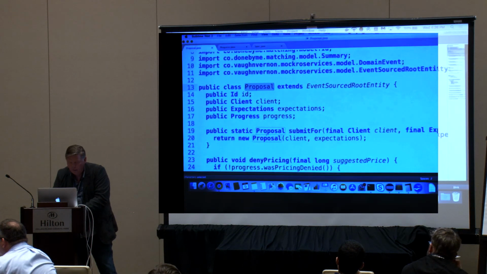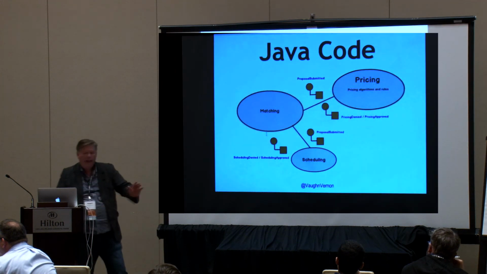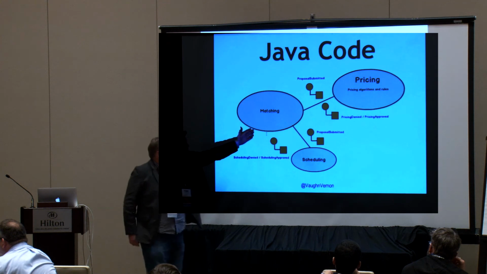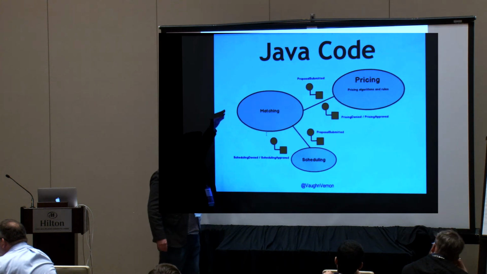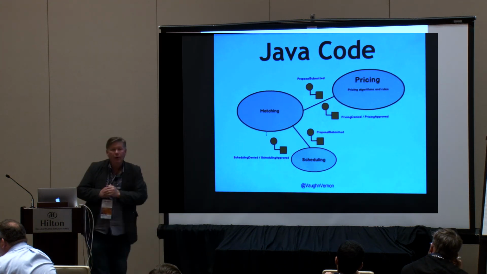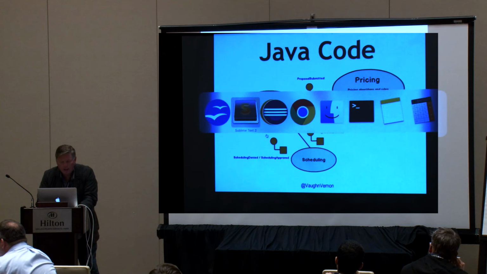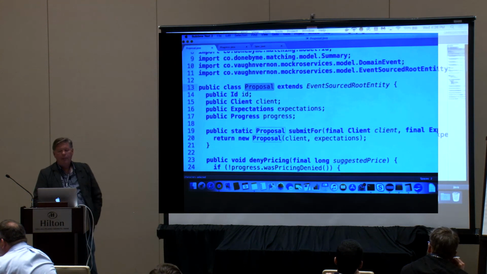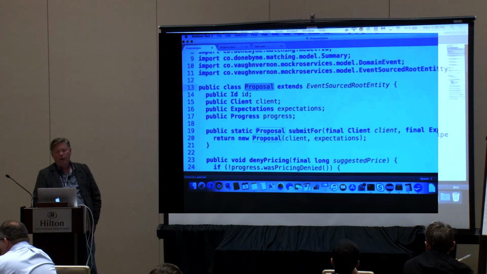But eventually, that client is going to click submit, right? They want to submit the proposal. That is actually our ubiquitous language. So what does our code look like? We have a method on proposal named submit for.